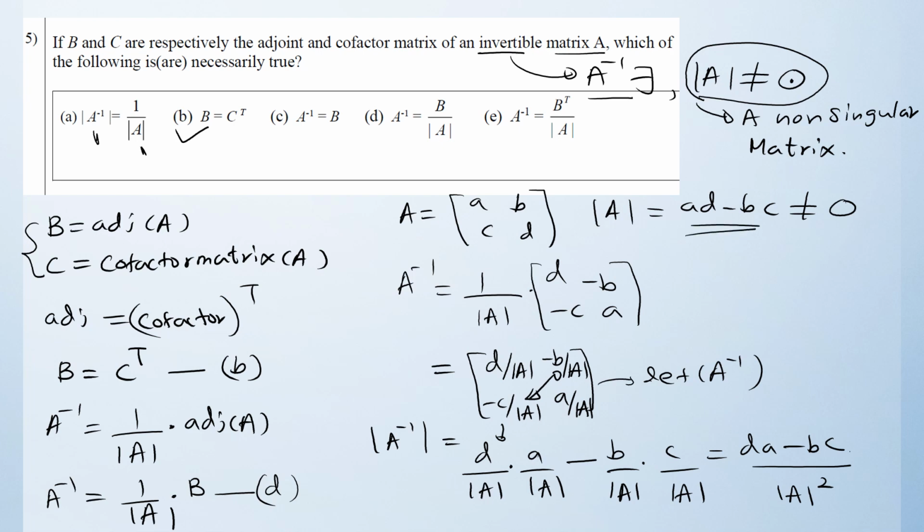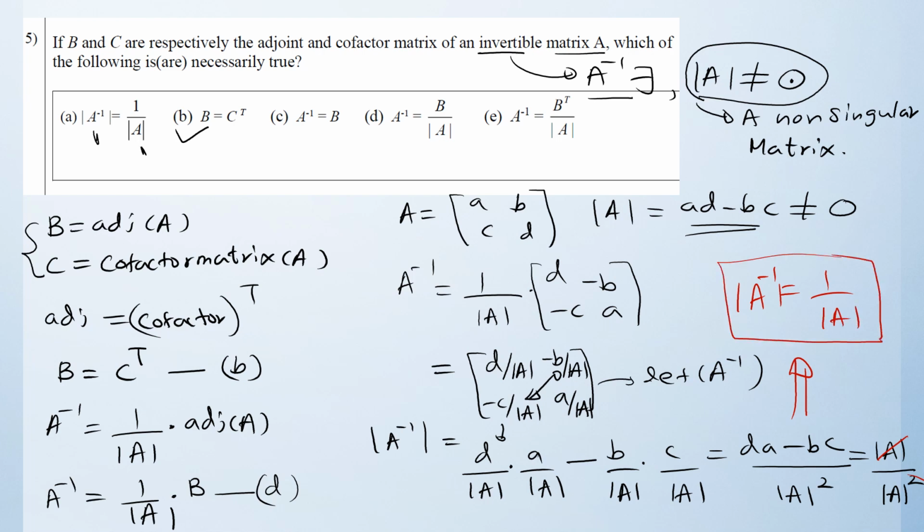We can replace that by determinant A. So we have determinant A squared in the denominator. These two will cancel. Then finally, in general, determinant of A inverse equals 1 over determinant of A. So that is also true.